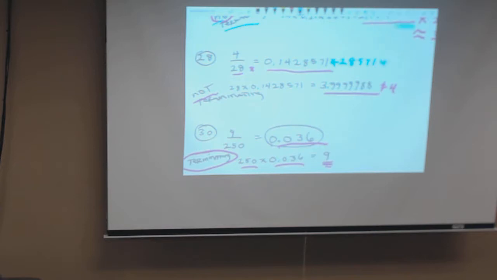See what's going on? The 142857 repeats itself over and over again. So I would just put a line over it like that if I wanted to show that it was a repeating decimal.